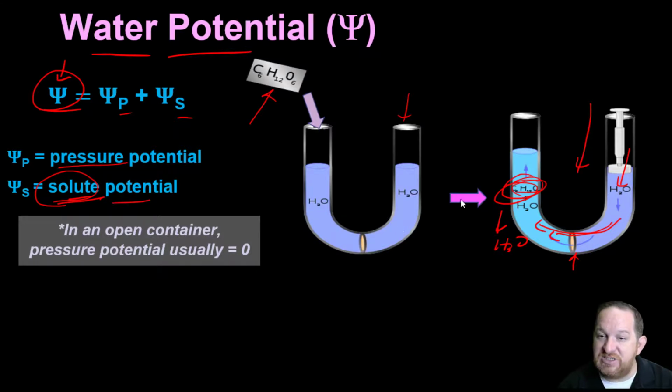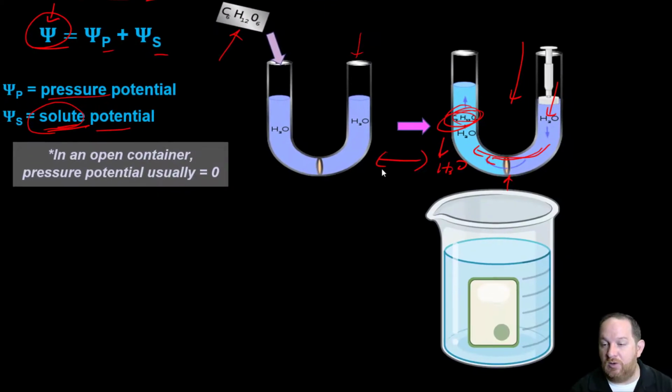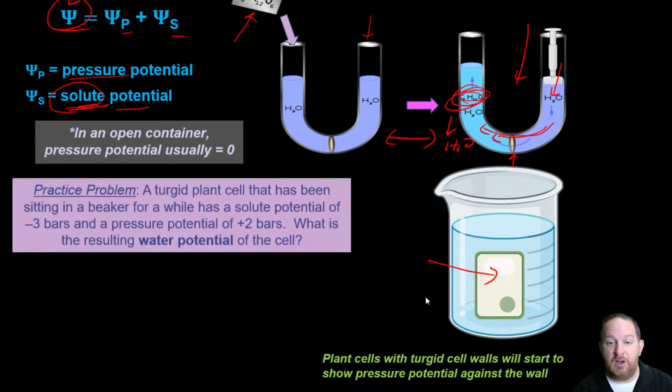Okay, so this is cute in a nice little laboratory experiment, but what about in the real world? Let's say we have a plant cell sitting in a solution of water. So here is a practice problem. Let's see if we can work through this. So a turgid plant cell, if you remember that means water's going in, so this must be some sort of fresh water.